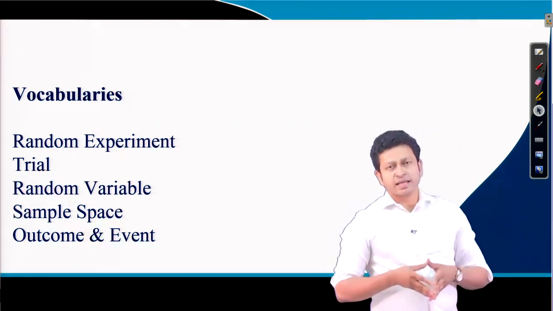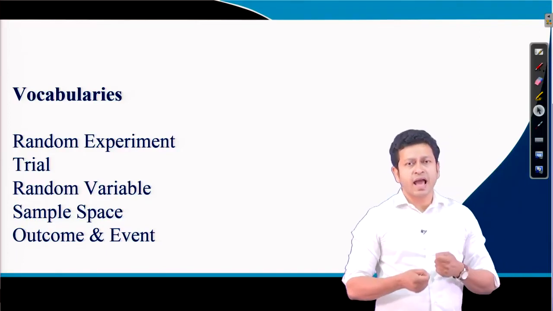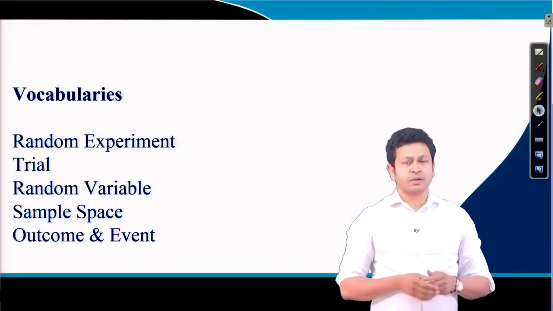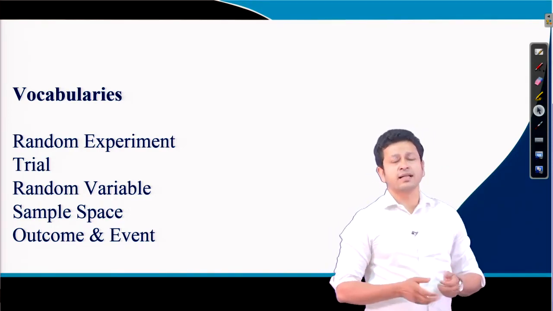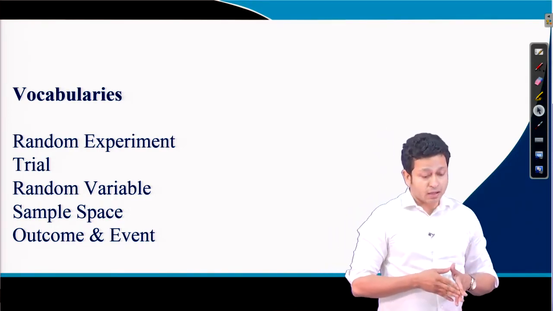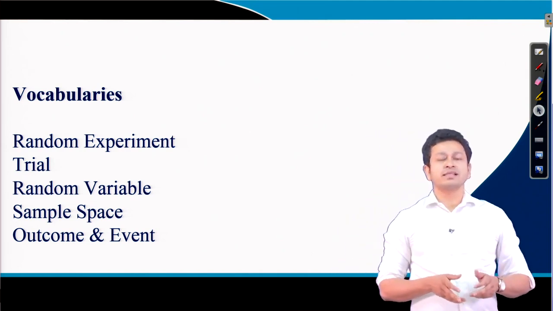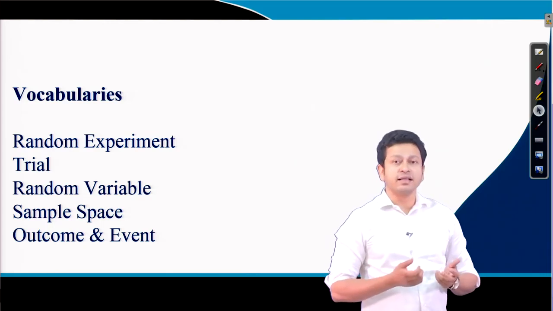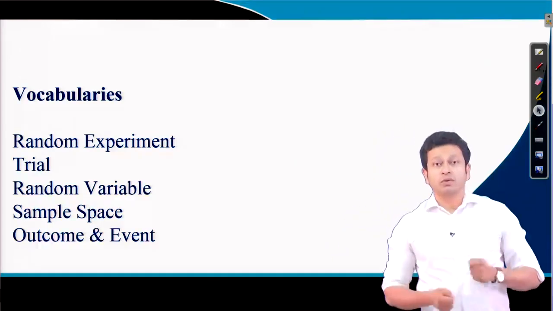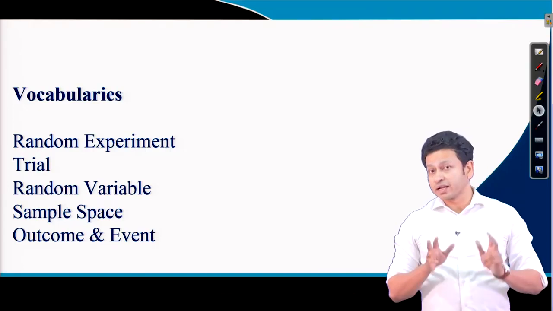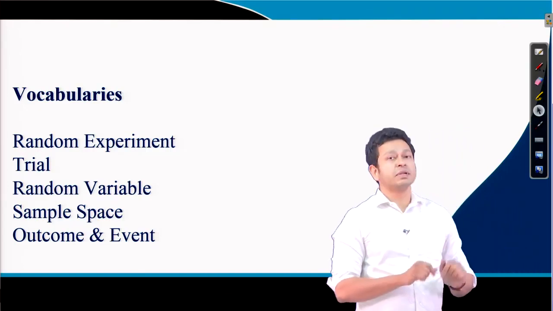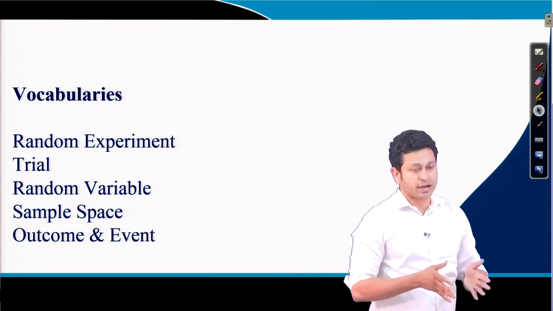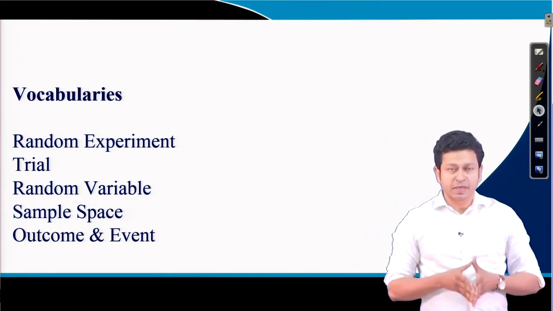An experiment is when you can repeat a certain act under given conditions, so you can repeat it again and again. When you can do that, that is what you call an experiment. When I say a random experiment, we can define it as an experiment you can run again and again under given conditions, and in that experiment there is a chance factor involved. So, you really do not know the outcome of that event beforehand. That is what a random experiment is.